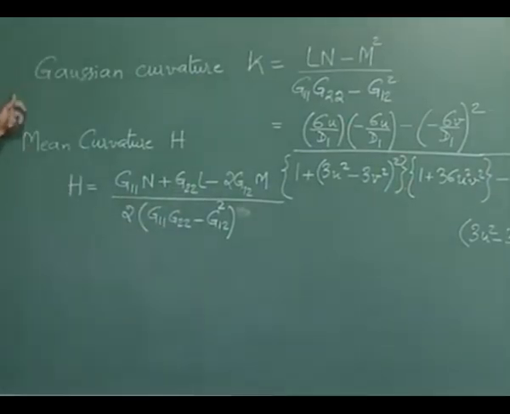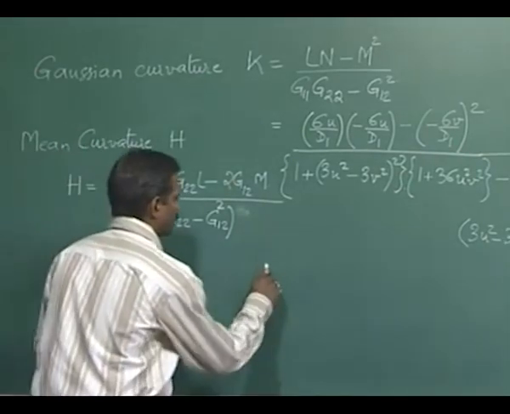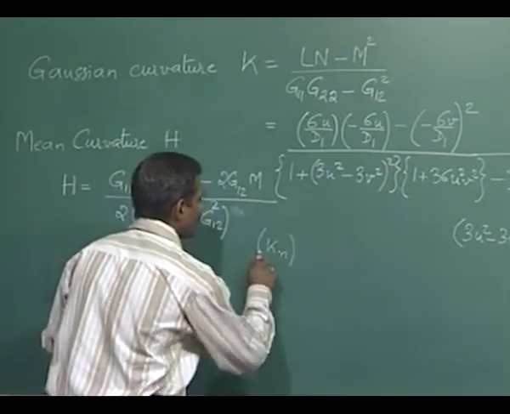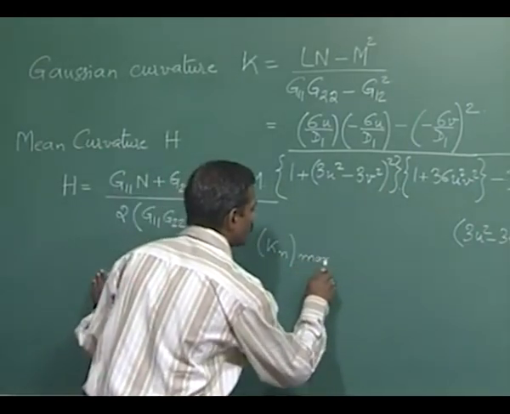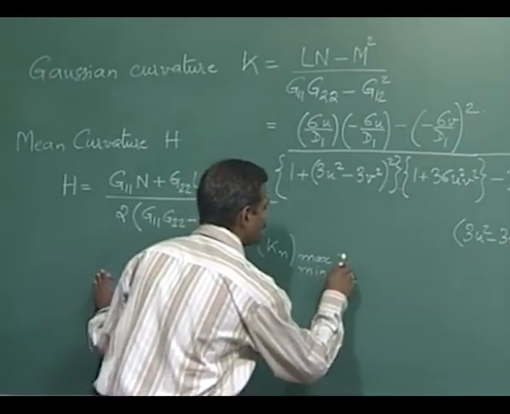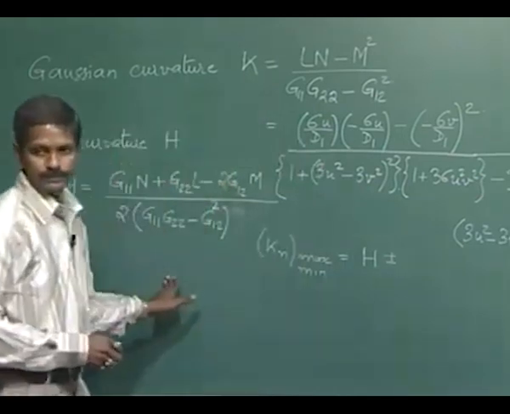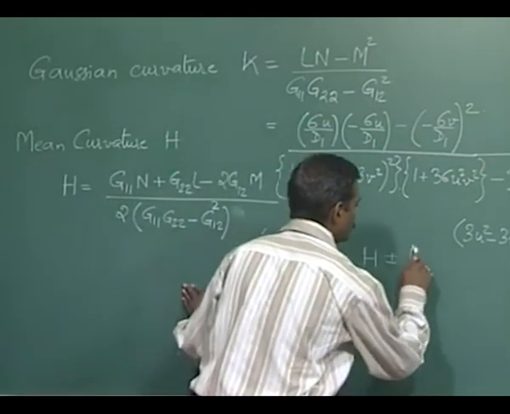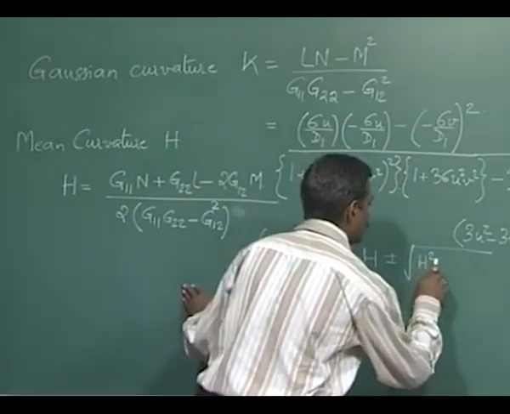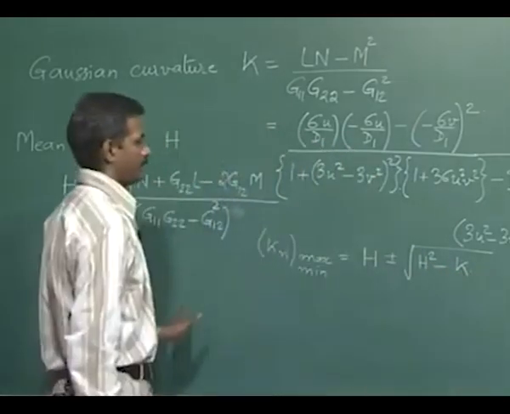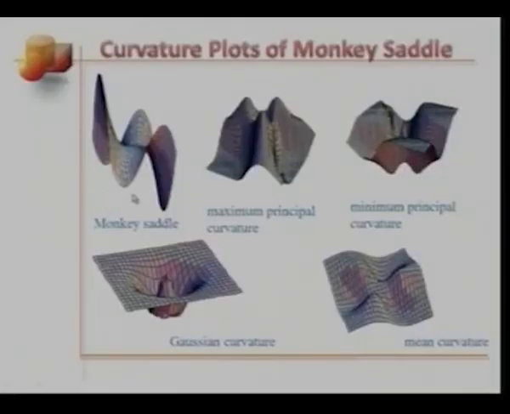Once you have the Gaussian and mean curvatures, you can compute the minimum and maximum values of kappa n, the normal curvatures. Kappa n max, min, as you know, is given by H plus or minus the square root of H squared minus K. For the example that we had just worked out, this figure here shows the monkey saddle.